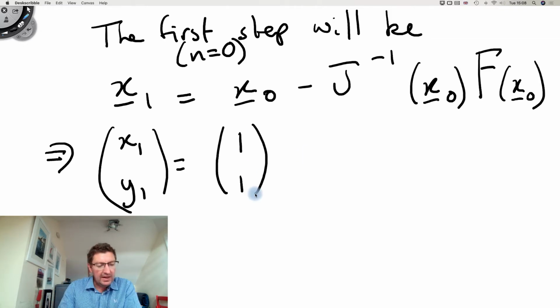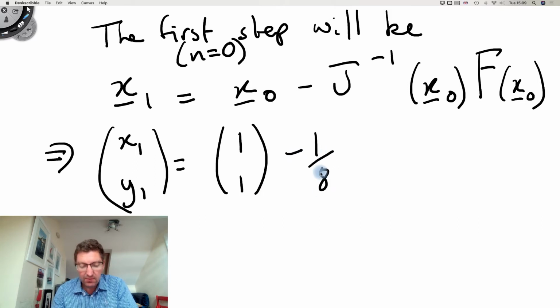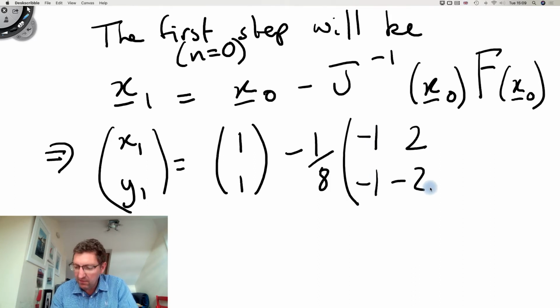And then we plug x is 1 and y is 1 into your Jacobian and take the inverse, which is just your simple formula from even A level. You get this. So this is your inverse of your Jacobian at x equals 1, y equals 1.